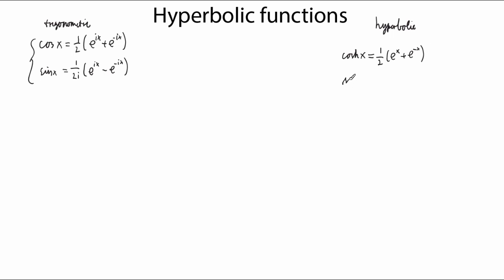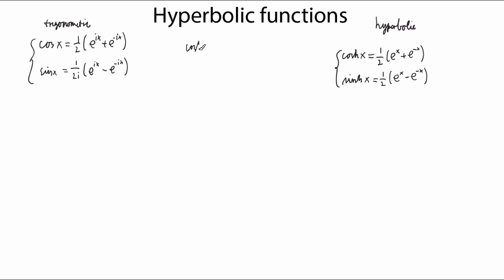And similarly, the hyperbolic sine, or sinh, of x is 1/2 e to the x minus e to the minus x. So they're really just exponential functions, but they're very similar to the cosines.